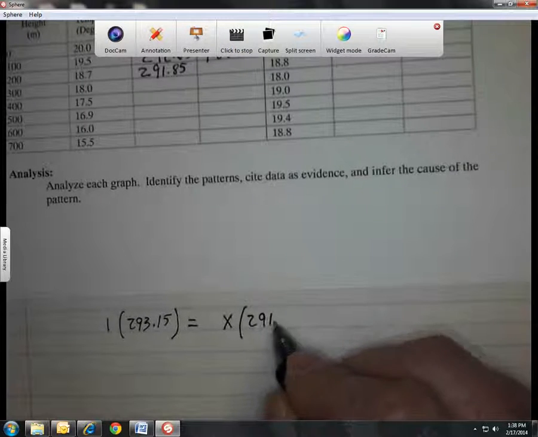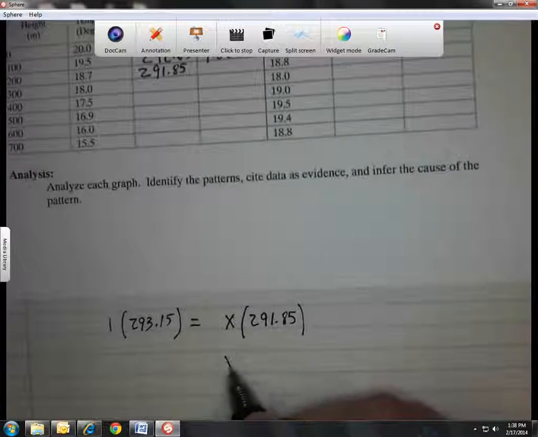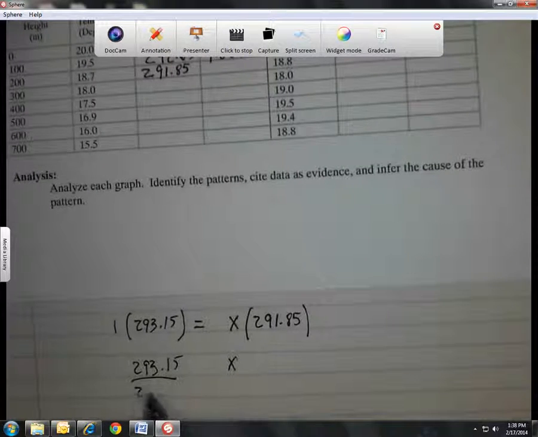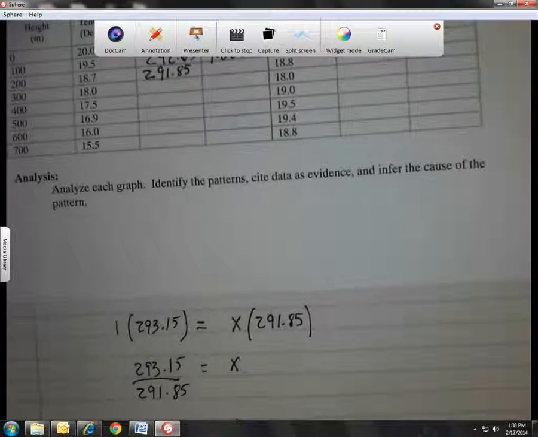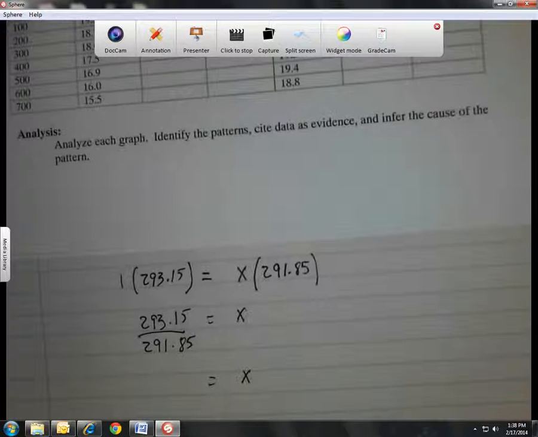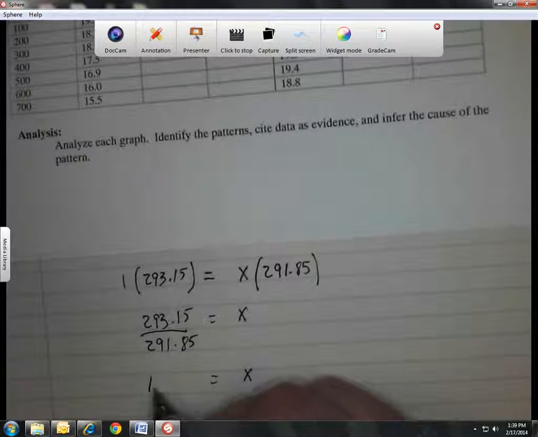So we know x, in this case, is 293.15 divided by 291.85. It looks like we moved up slightly to 1.004 kilograms per meter cubed for our density. So 1.004.